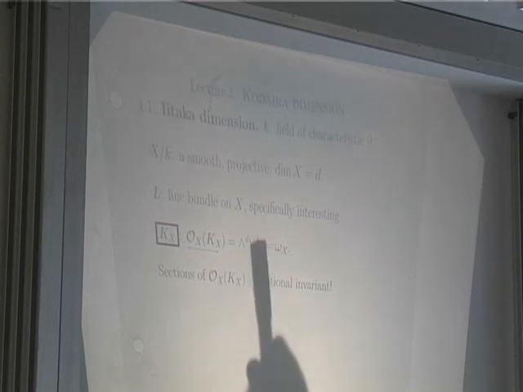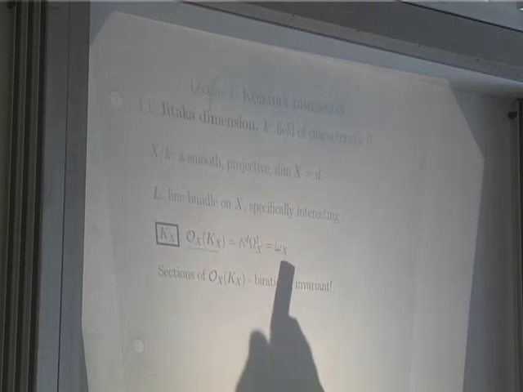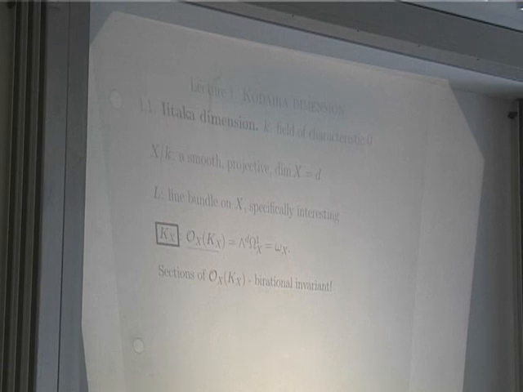You take the one forms on X and take the d-th exterior power, where d is the dimension of X, which is again the same thing as the dualizing sheaf of X. So in higher dimension you don't take Ω^1_X, which is an interesting sheaf nevertheless, but you take its d-th exterior power, which is a line bundle, since Ω^1 is a vector bundle of rank d, the cotangent bundle of X.